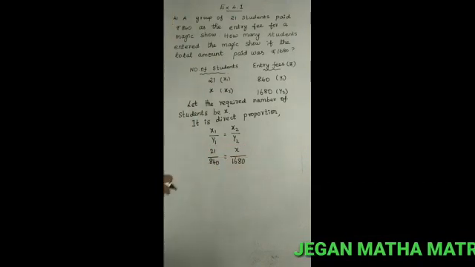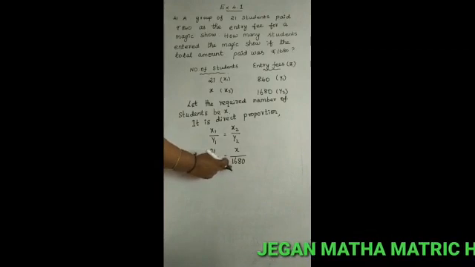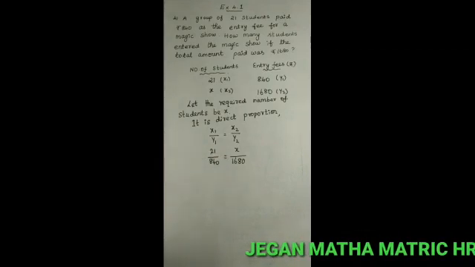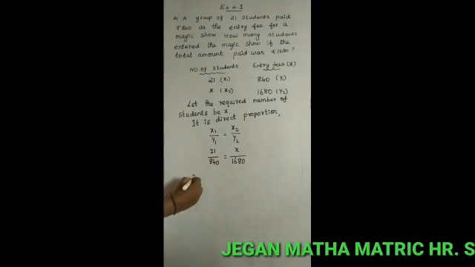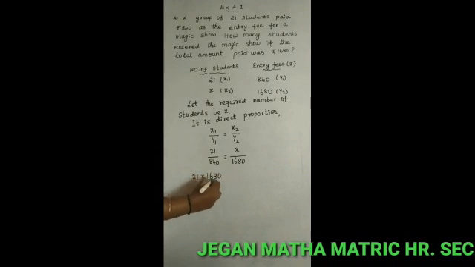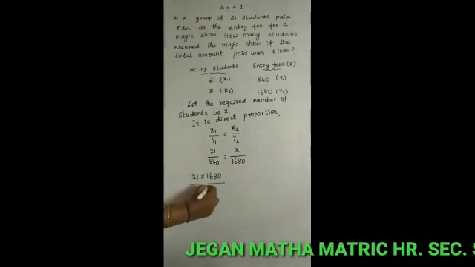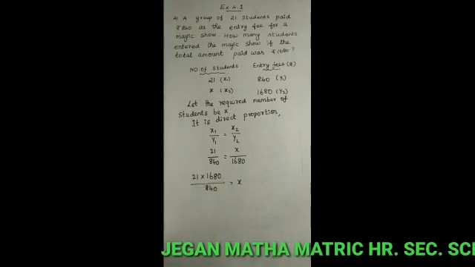So we simplify here, we find the value of x. Here 1680 is division, so it comes to this side, we write multiply. So 21 multiplied with 1680 divided by 840 is equal to x.